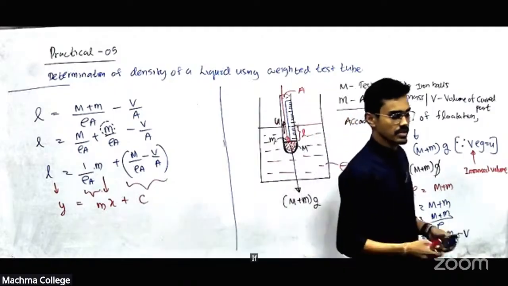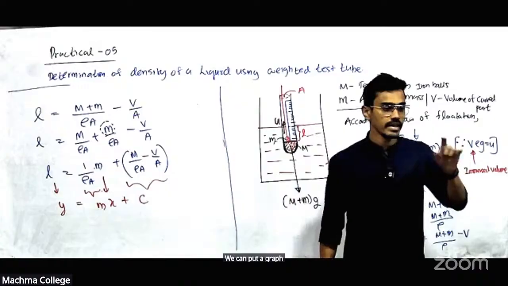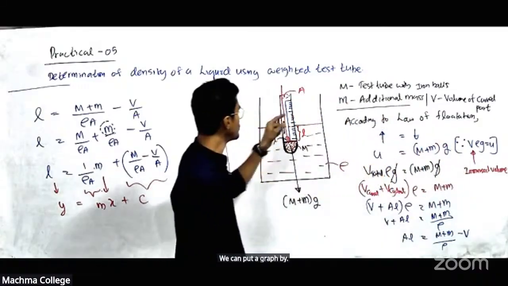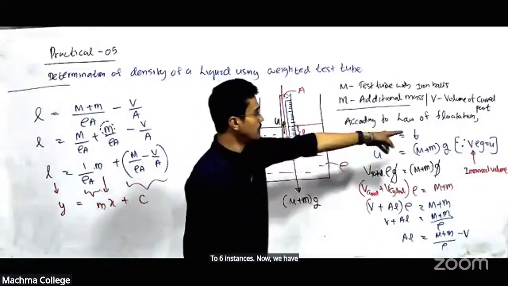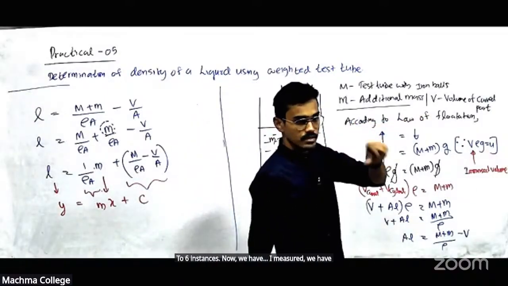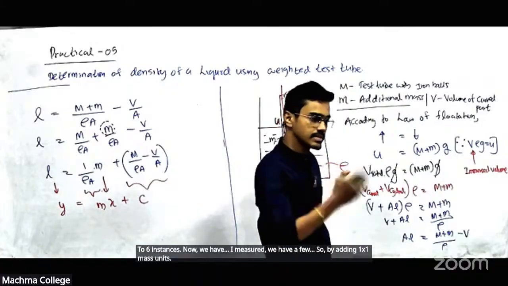If there is an equation of Y equals mx plus C, we can plot a graph by changing M values to 6 instances. I mentioned we have a few mass units. So by adding mass units one by one, we are taking 6 readings again.